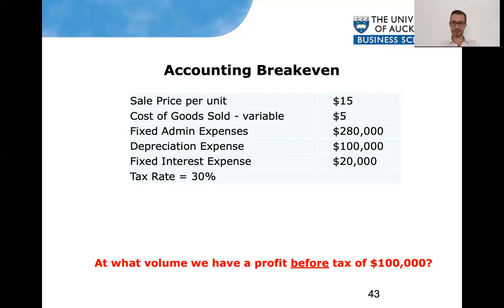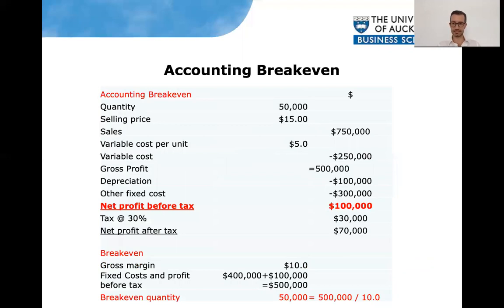So how does this work? This is basically the same thing as before, but instead of just having a volume that covers enough of your fixed cost, you need to add the profit before tax that you want to generate. So you can see that here I have 400,000 in fixed cost, but in the end I use 500,000, which is 400,000 plus the 100,000 profit I want.